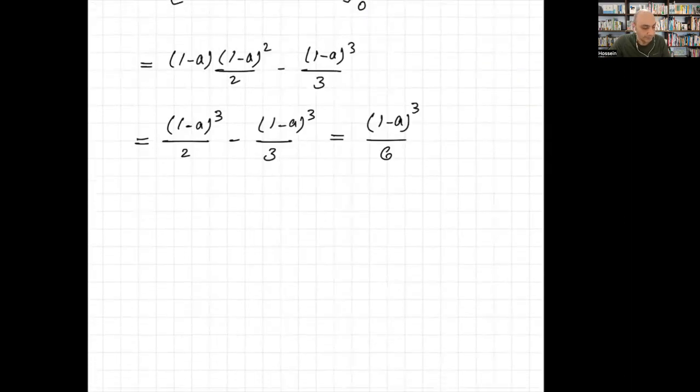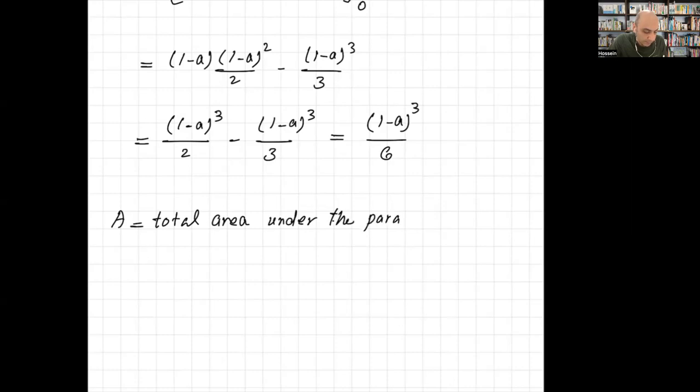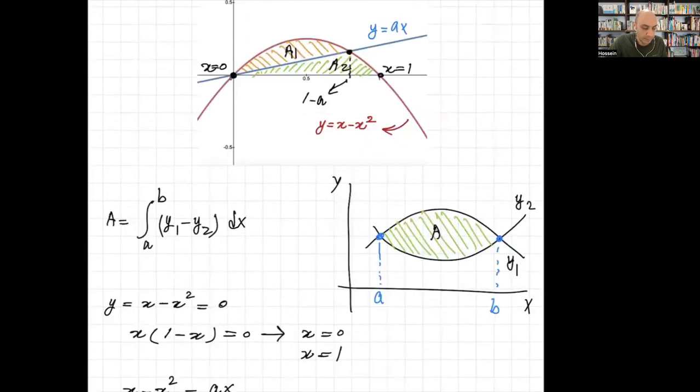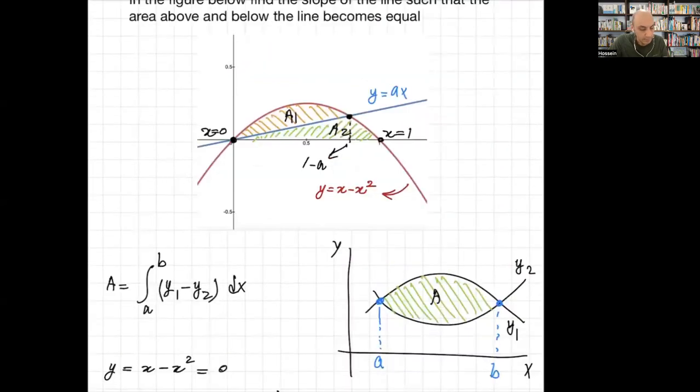So let's call A the total area under the parabola. And this is equal to the integral from 0 to 1. The reason is that the parabola intersects with the x-axis at 0 and 1.